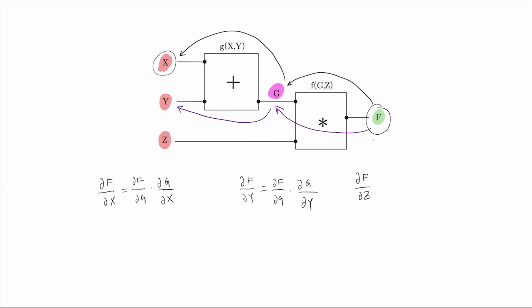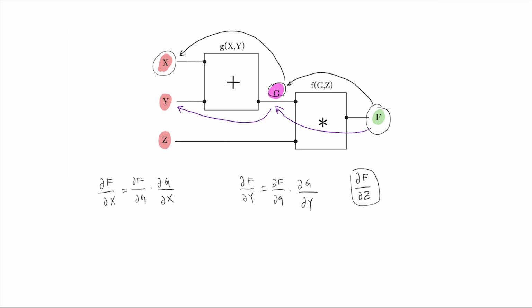What happens with delta f over delta z? Well, as you can see, there are actually no steps in between, because z and f are connected by means of a single multiplication function. So let's compute delta f over delta z first. If you pretend that this side does not exist, you can see that we have multiplication, and we have two inputs.